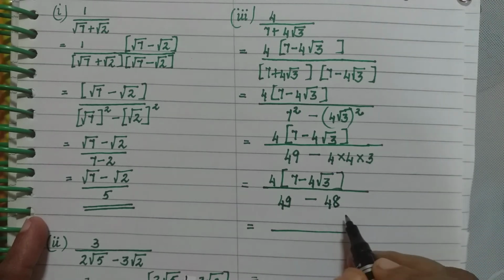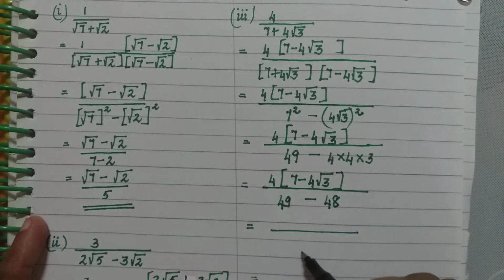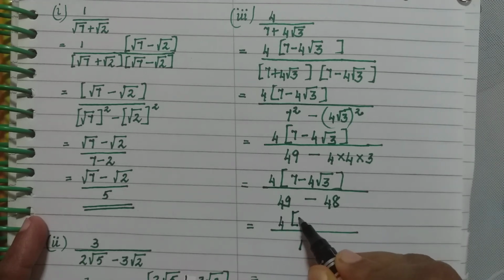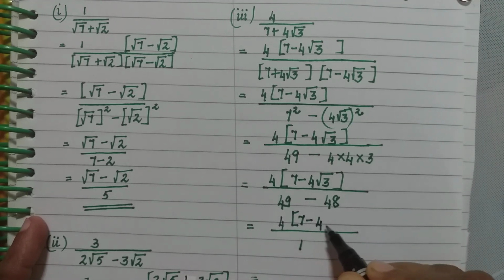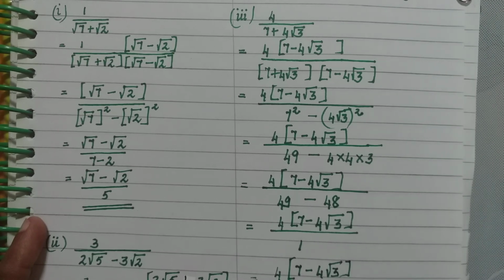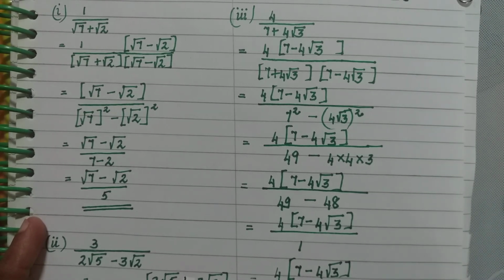Now when subtracting, 49 minus 48 is 1. Numerator remains as it is, 4 into 7 minus 4 root 3. Whether 1 is in the denominator or not, we don't have to write it. Just this numerator will be the answer. That is 4 into 7 minus 4 root 3. So this will be the answer.